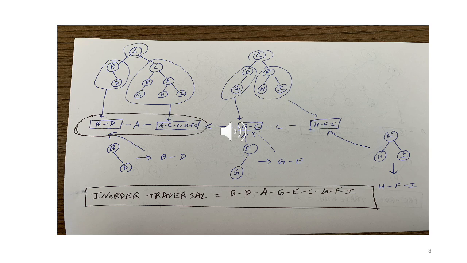We'll soon fill it. And then what is the next step? Visit the root. So root, of course, we know is A. So it will appear like that. And then visit right subtree. So right subtree will have all of these nodes C, E, F, G, H, I in some order. So again we have another box.